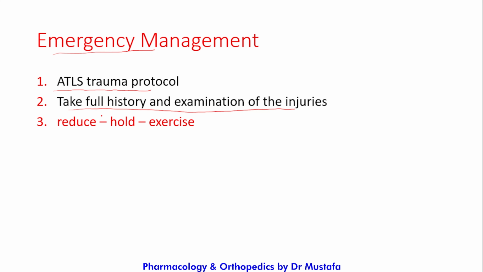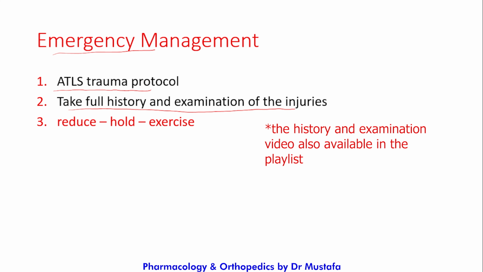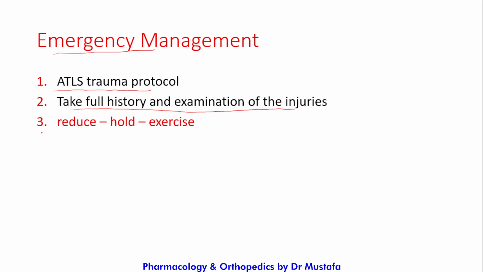So you take a full history from the patient and you examine all the injuries that he has sustained. After that, you focus on the fractures. If the patient has closed fractures, then you treat them by first reducing the fracture, then holding the reduction by one method, and then exercising the joints.